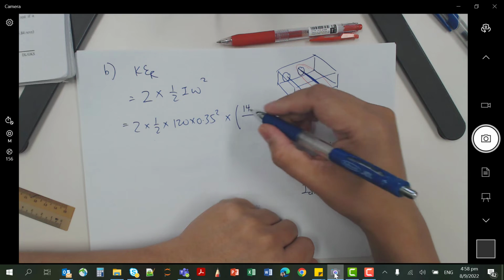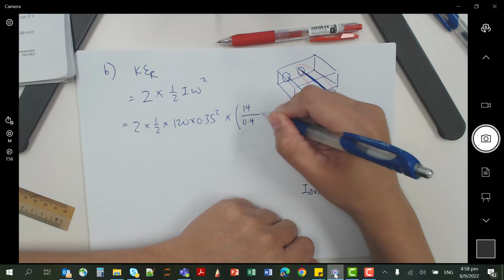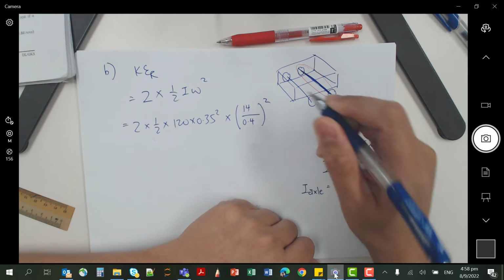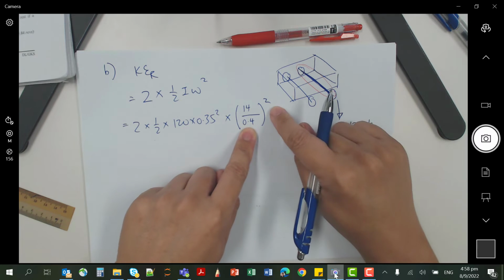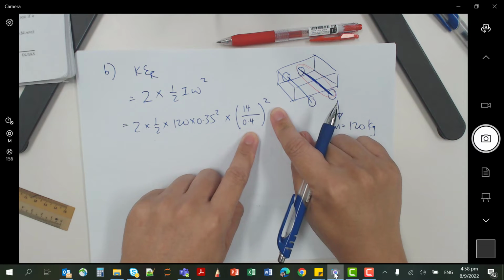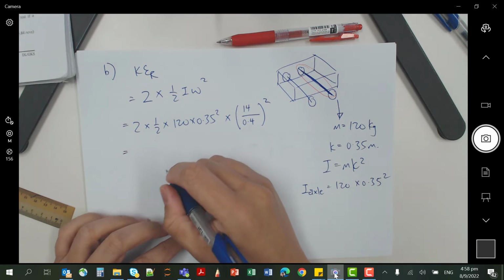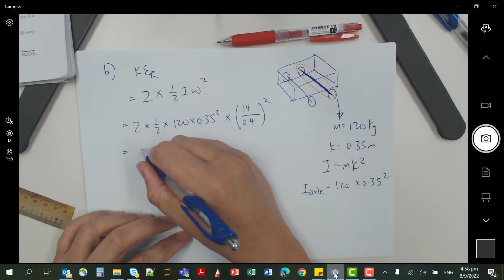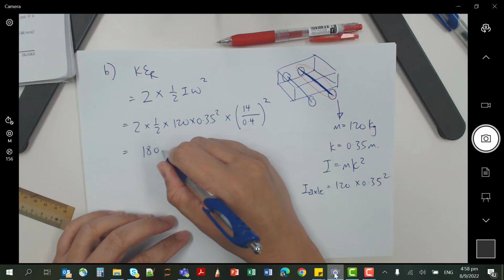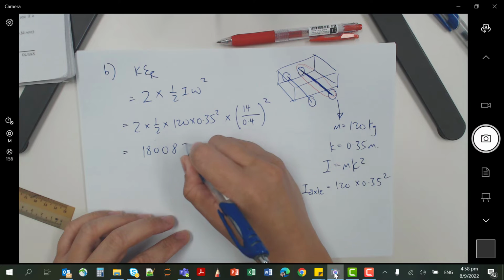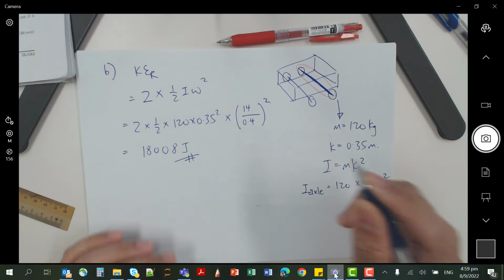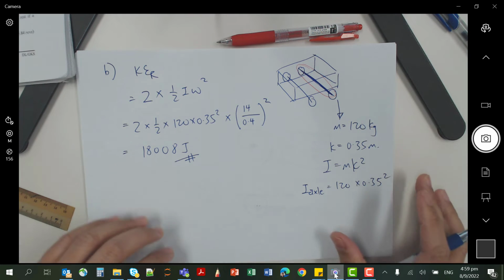Convert to meters, it is 0.4 meters, squared. So this is omega squared. With this you will be able to get 18008 joules.